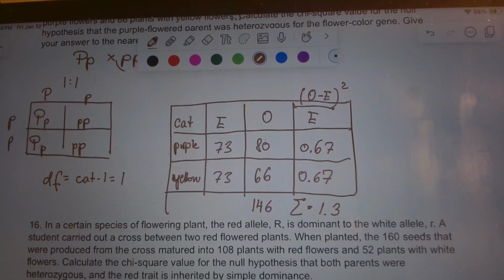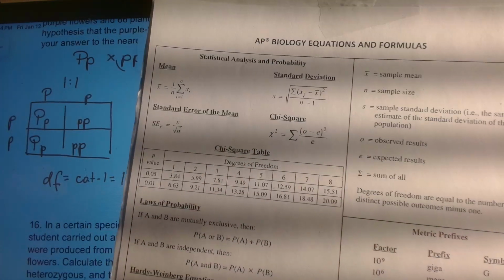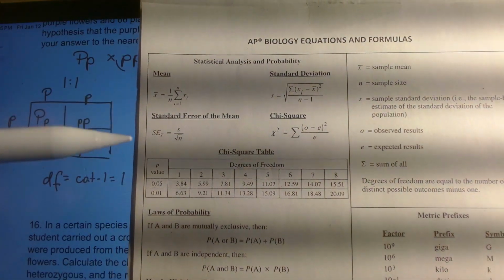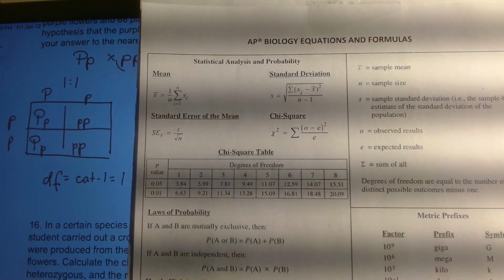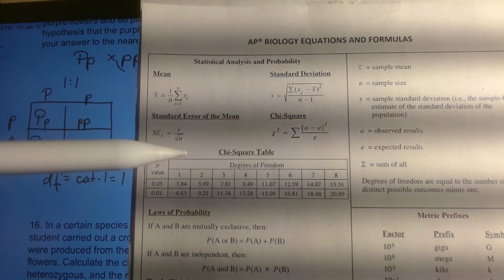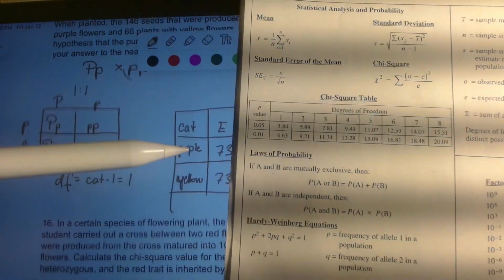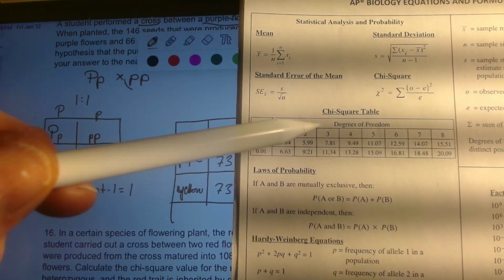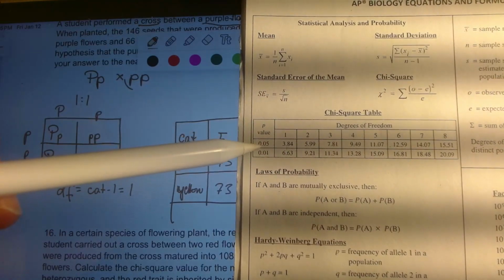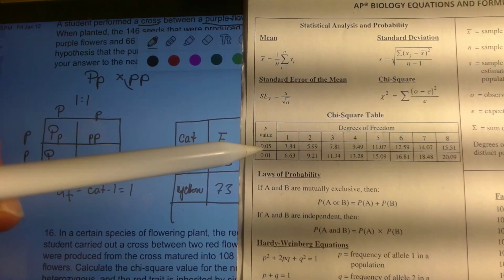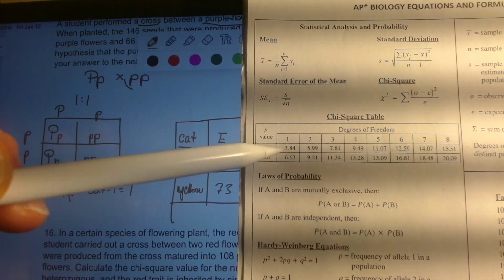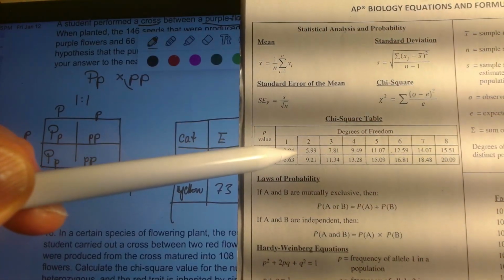So this is the degree of freedom. I will get into my chart, and here is the degree of freedom 1 and 0.05. The 5% value is 3.84.